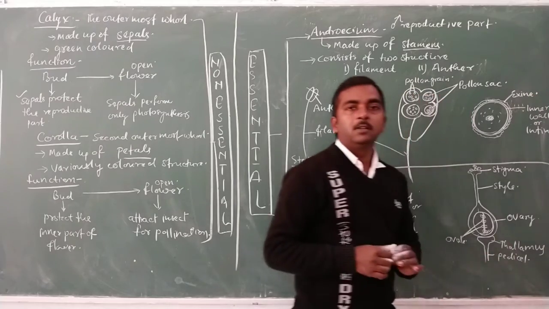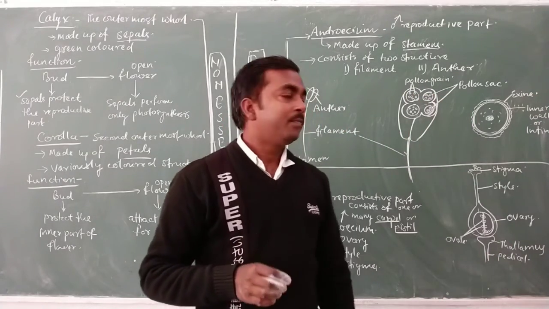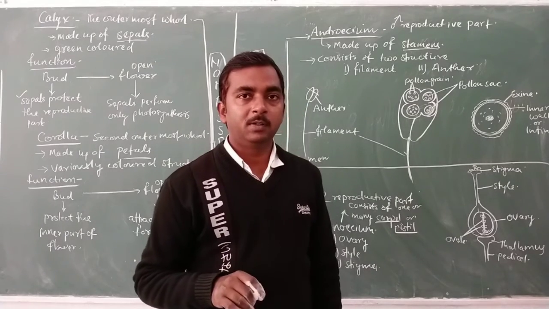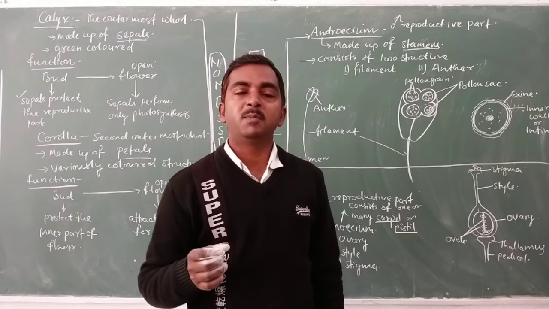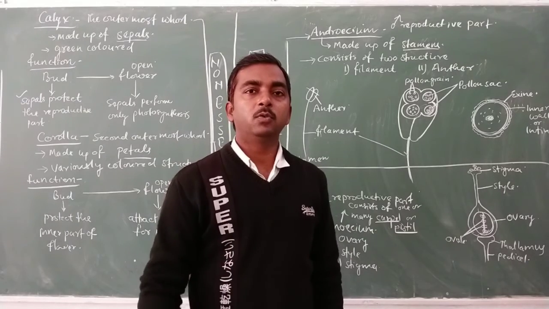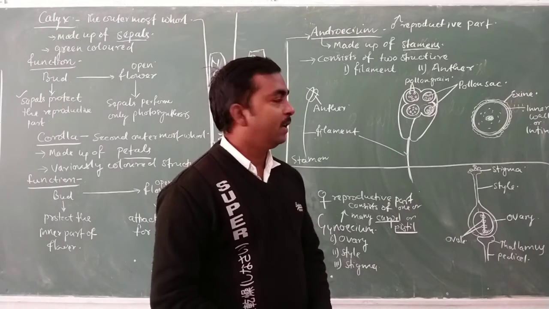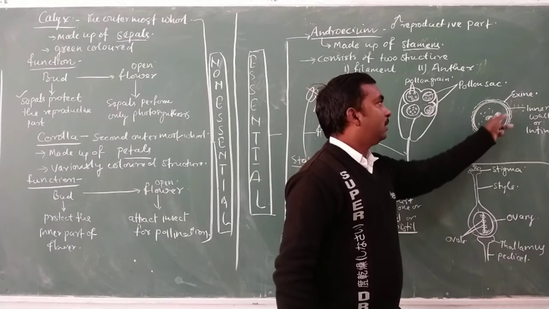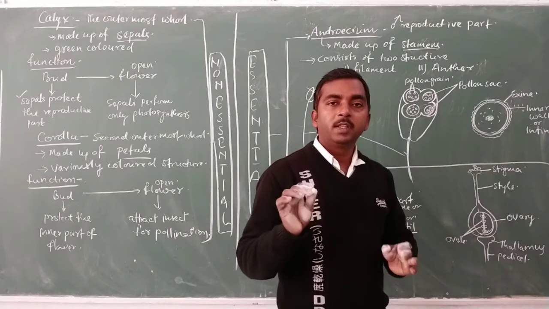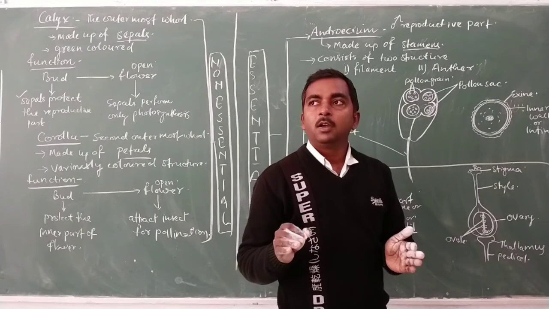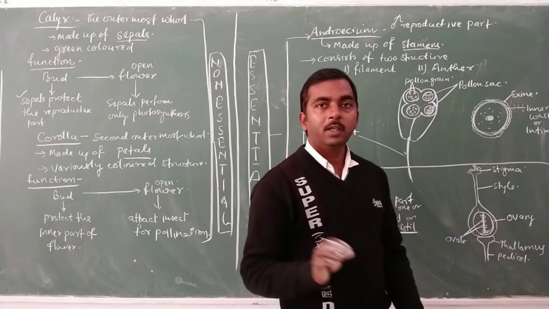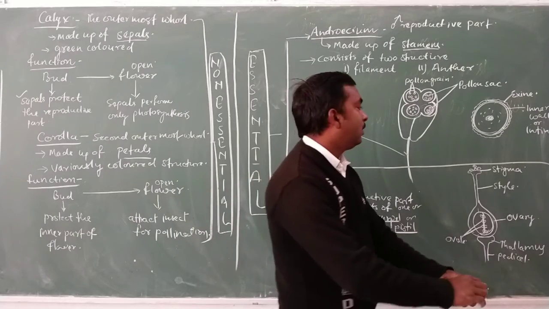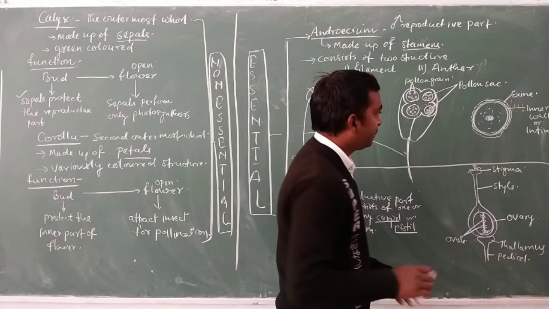Exine is made up of sporopollenin, a chemical which is highly impervious to water and a highly resistant compound. So exine protects the pollen grain, and protects it for several years.